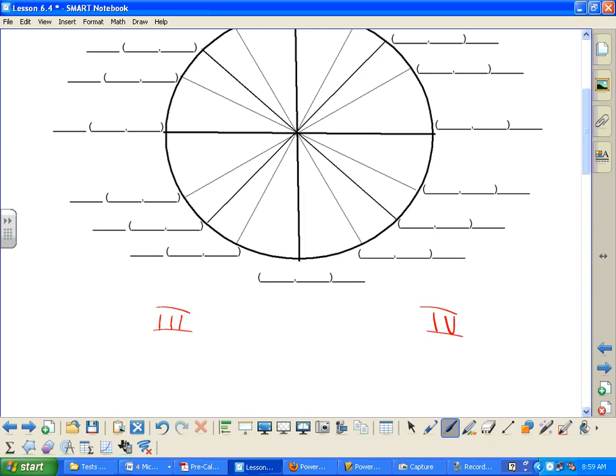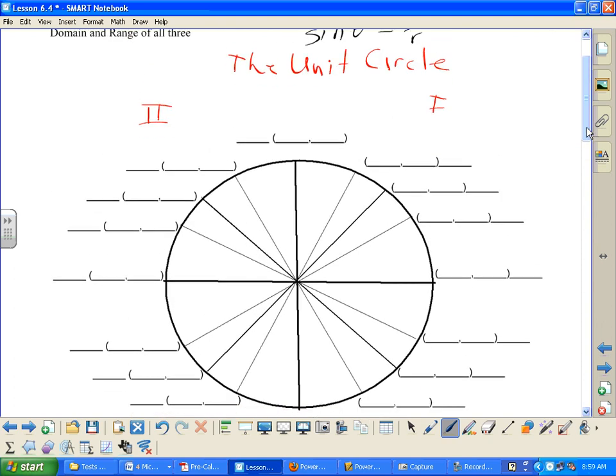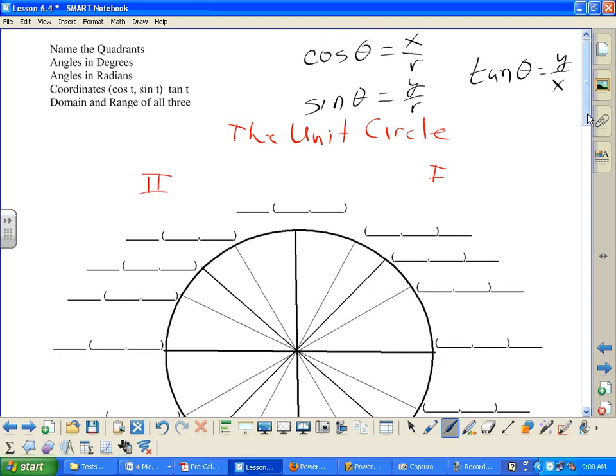Okay, now let's talk about points for a moment, or the signs of them. So in the first quadrant, we've just declared that x and y go with cosine and sine. So really, each point that we have here is going to be cosine, sine, and then tangent is going to be on the outside.